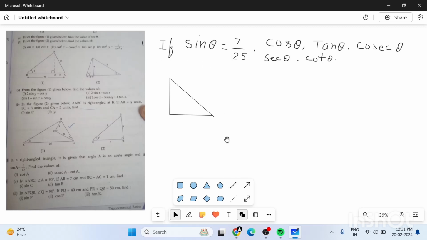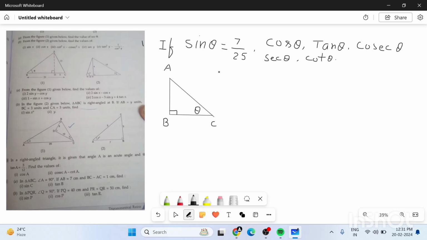We name this triangle: this is A, this vertex is B, and the third vertex is C. The angle of reference is theta, and the value of sine theta for this is given, with right angle at B.